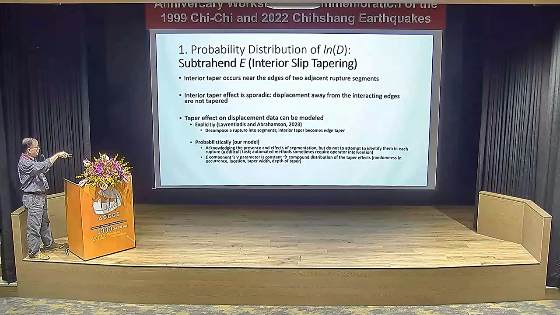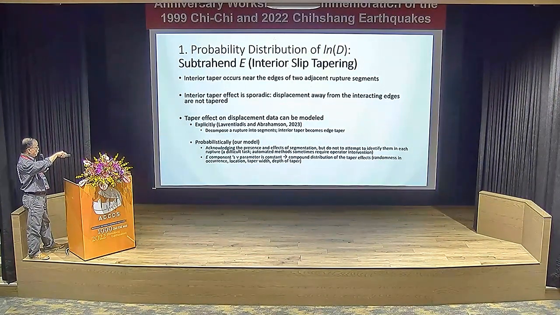We acknowledge the presence of the segmentation, but we do not attempt to identify them in each earthquake, because to us that seems to be a difficult and sometimes ambiguous task. The automated methods sometimes require operator intervention. And so what we did is that we used the E component to capture the tapering effects.